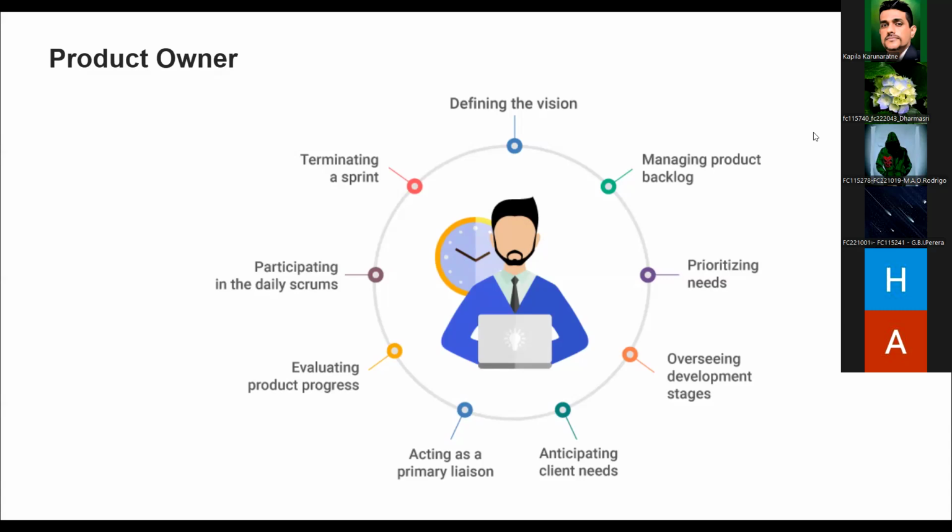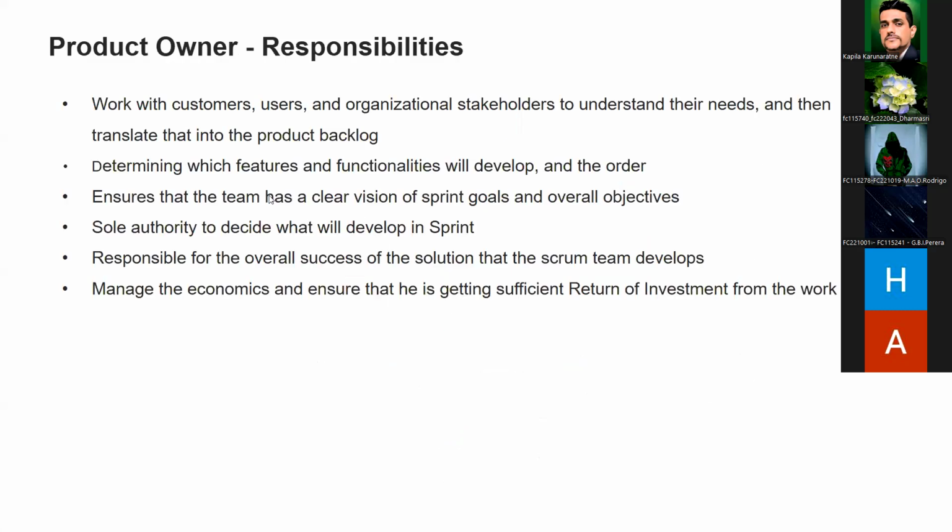In the usual waterfall model, we don't have product owners; we only have BAs. A product owner is not a BA, but he should have BA skills, technical skills, PM skills, and all those skills. Basically, as I mentioned, he needs to work with users, organizations, and stakeholders, and determine which features will be developed and in which order.